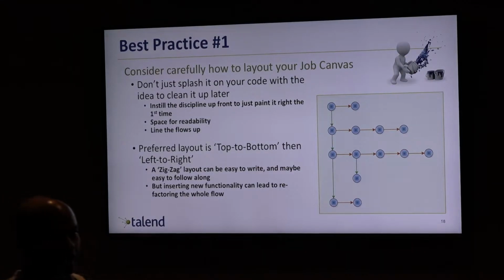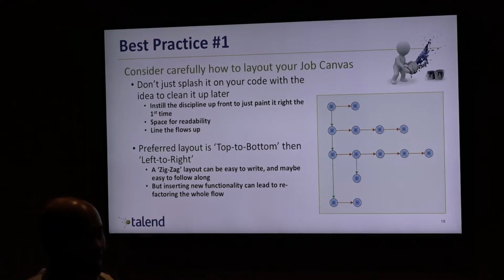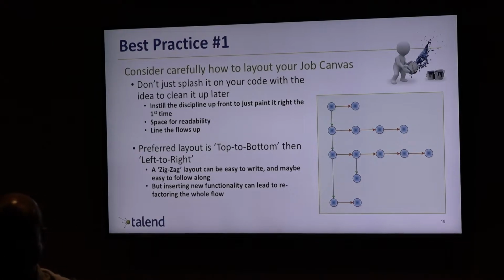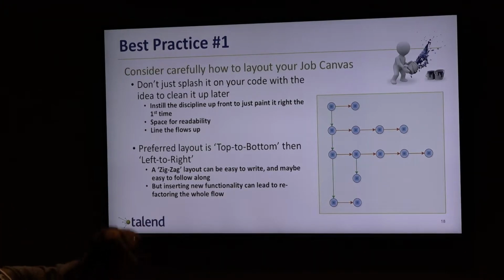If you already know Studio, when I'm talking about left to right, I'm talking about components, and on subjobs it will be from top to bottom. Left to right means you have a source, you're sending data, transforming it, and sending it to a target system.